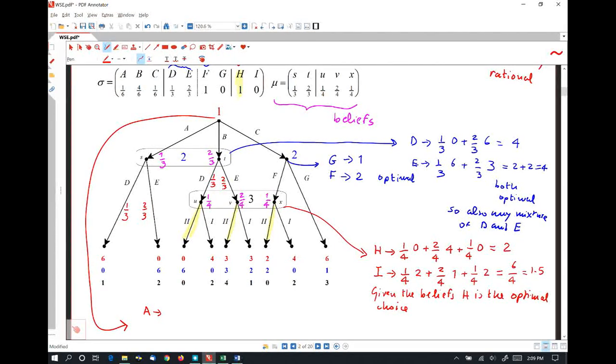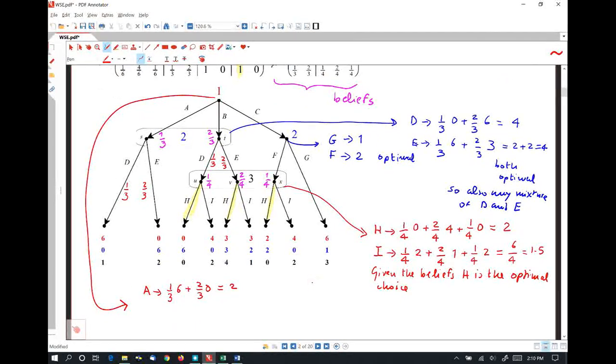So if you play A, then with probability 1/3, player 2 will continue with D and give you a payoff of 6, and with probability 2/3, player 2 will continue with E and give you a payoff of 0, so that's 2.